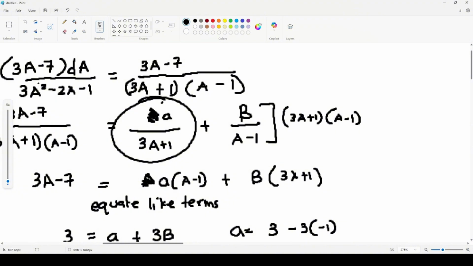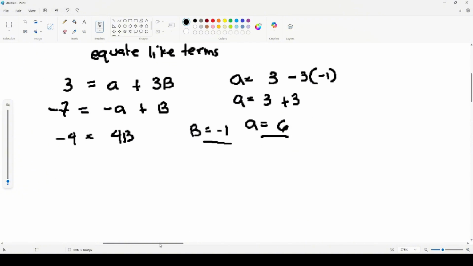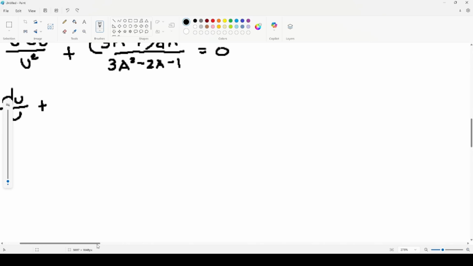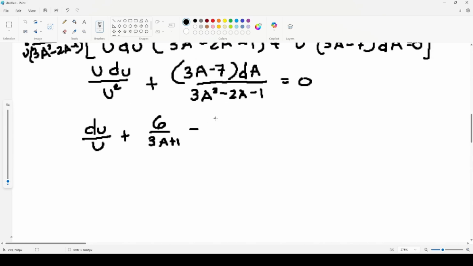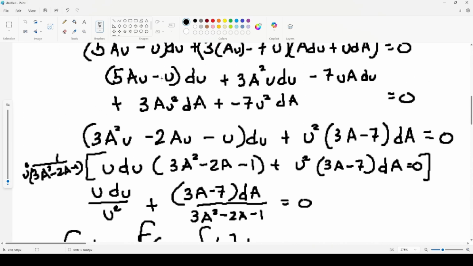So 6 over 3a plus 1, minus, b is negative 1, so negative 1 over a minus 1, da. That is now our fractions, is equal to 0. We can now integrate our equations.